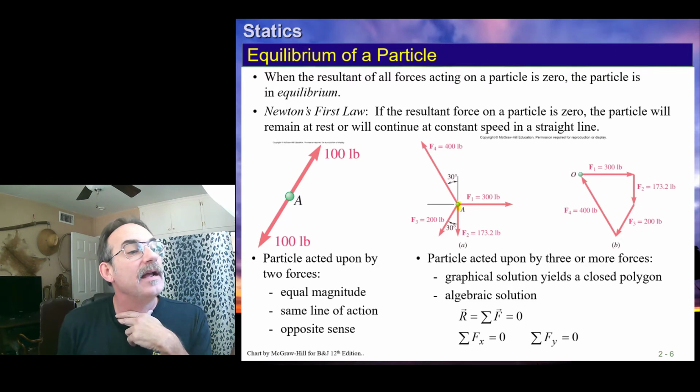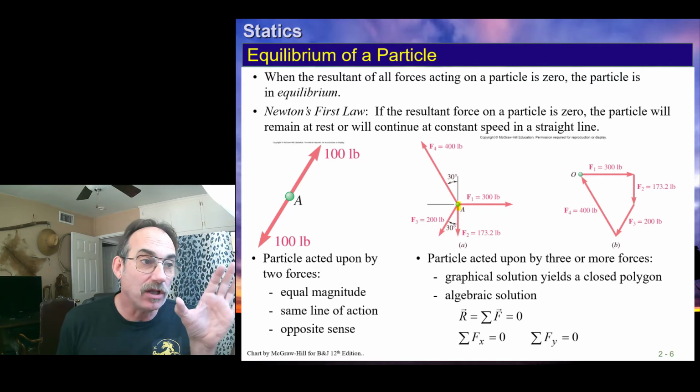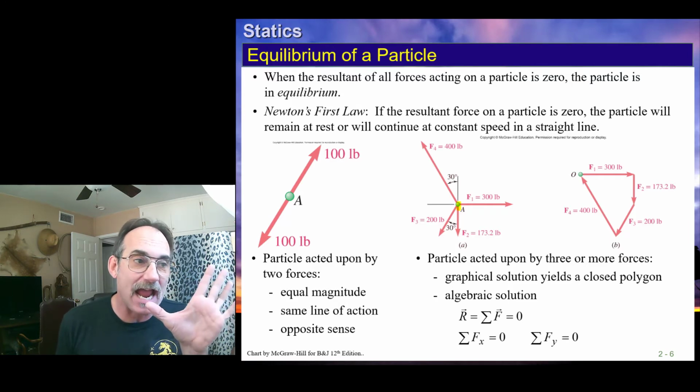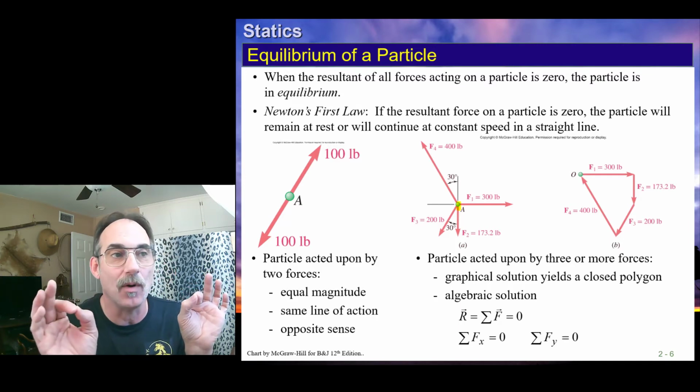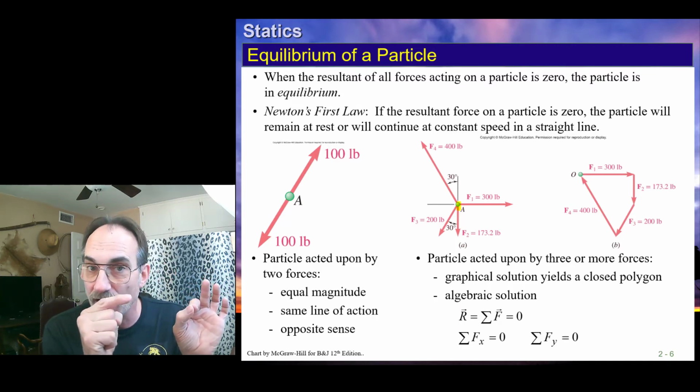So if we have a particle like this one at the left, let's say we focus on this particle here, and it looks like we have 1, 2, 3, 4 forces. We can impose equilibrium, which says, if these are all of the action and reaction forces acting on this point, and the point is not accelerating, the sum of all those forces had better be 0, according to Newton's first law.